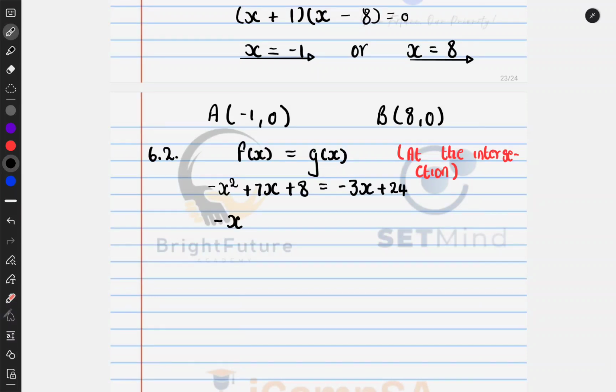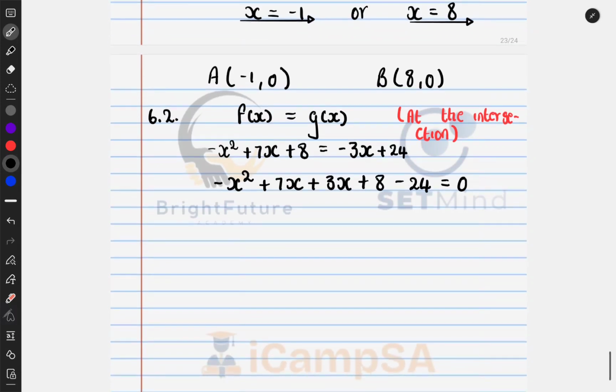We have minus x squared plus 7x plus 3x plus 8 minus 24 is equal to 0. Then let's add the like terms, and then we'll divide by a negative.